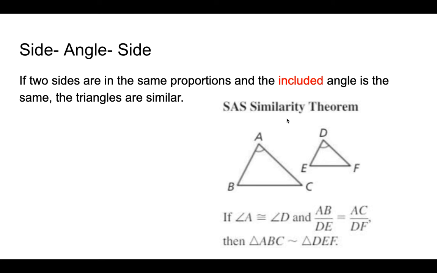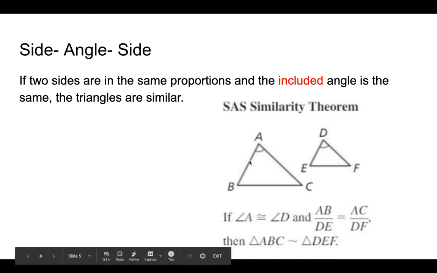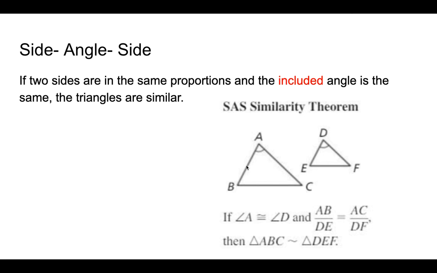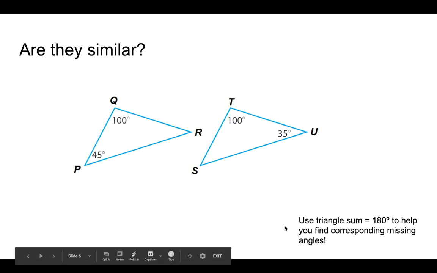So if I picked sides AB and AC, the angle that's included between them, the corner where those sides meet, would be angle A. So if angle A and angle D are the same, and the sides around them are proportional, we can say that the triangles are similar.